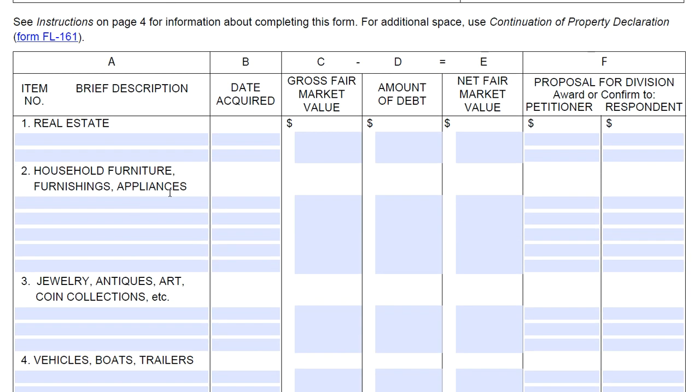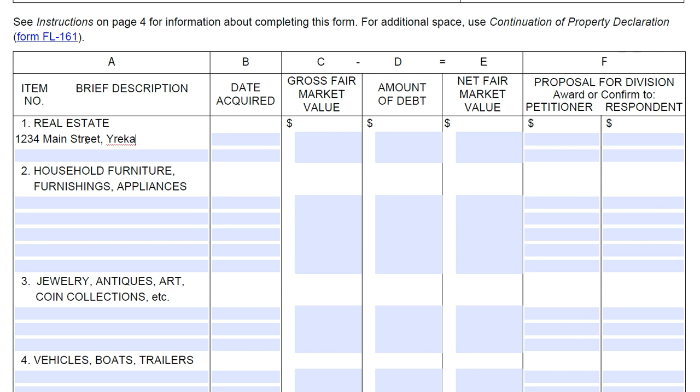So let's just look at how to fill out this form, and we'll use real estate as an example. You'll be able to fill out the rest of the form in the same way, but let's just start with this. So let's just say that you have a house at, I don't know if there is a 1234 Main Street in Weed, but if there is, I'm sorry, I'm just using your house as an example.